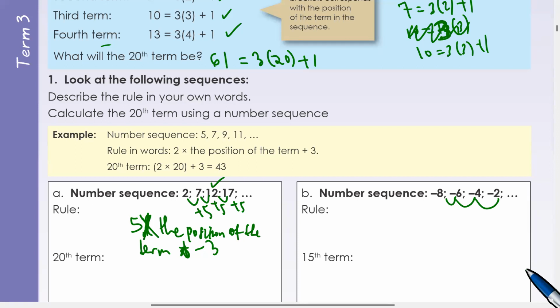What did you add or what did you subtract? We added 2. Because 2 minus 8 is -6. +2 is -4. +2 is -2.